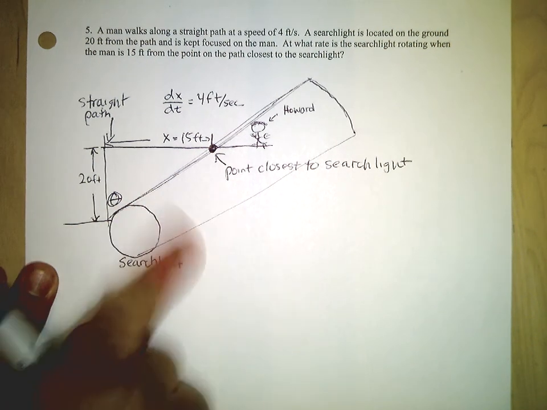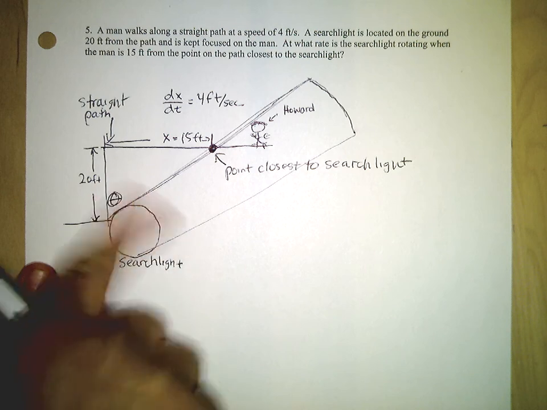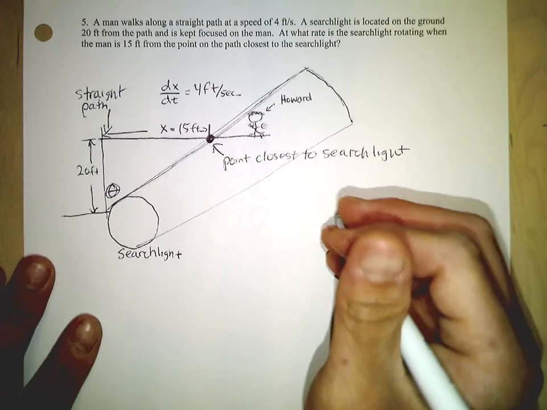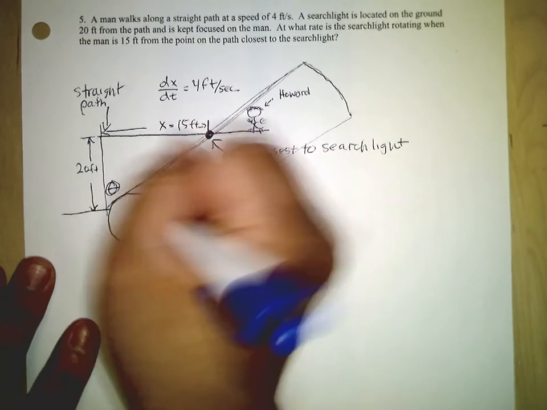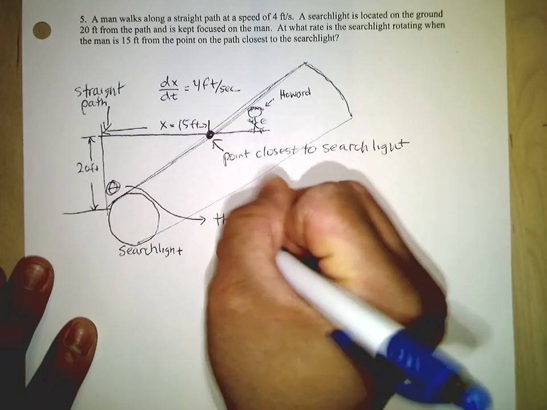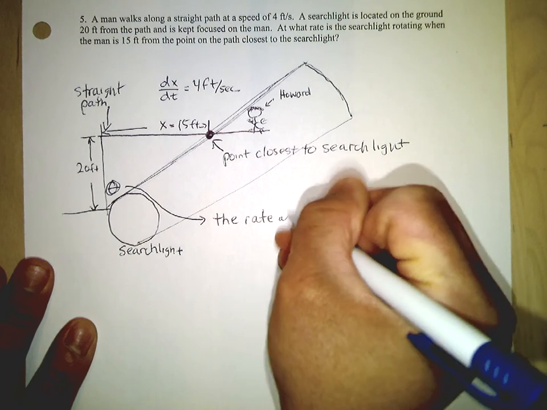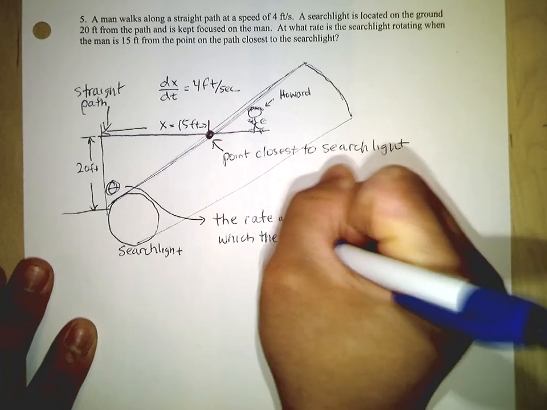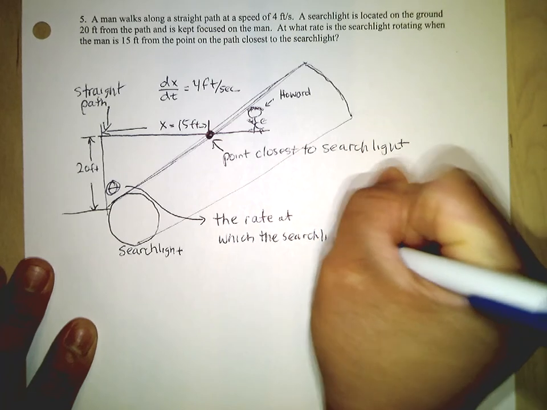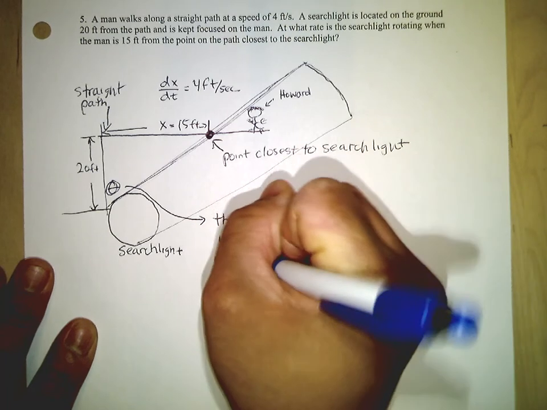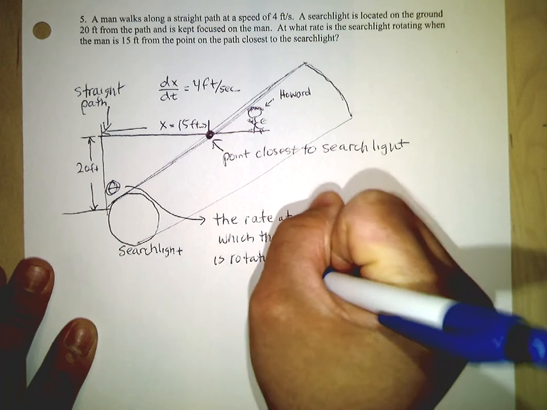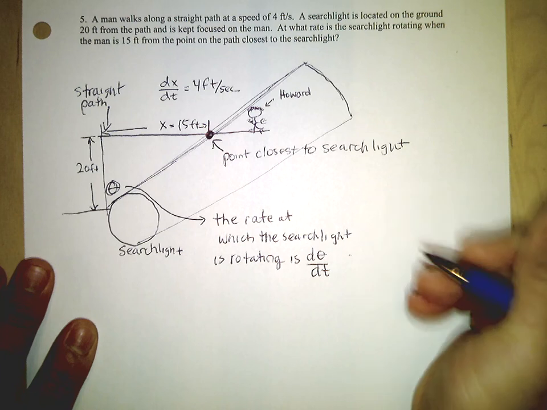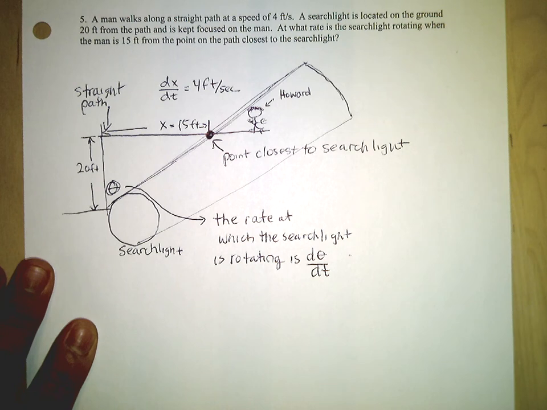We're moving this searchlight back and forth. So the rate at which the searchlight is rotating is d theta dt. All right, so keep that in mind.